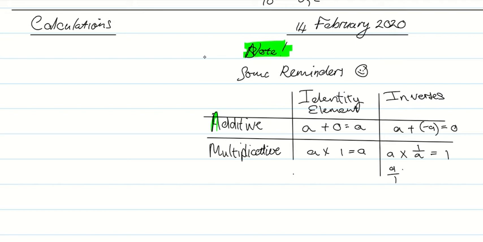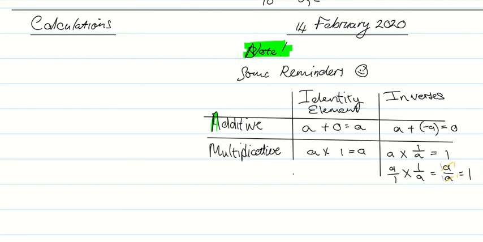So I'm going to say a over 1 times 1 over a, and now I'm going to simplify this quickly. So a times 1 is equal to 1a over 1a. Anything over itself is equal to 1, because this and this cancel out. A goes into itself once, and a goes into there once as well. So it's 1 over 1. And that's how we get to that property.